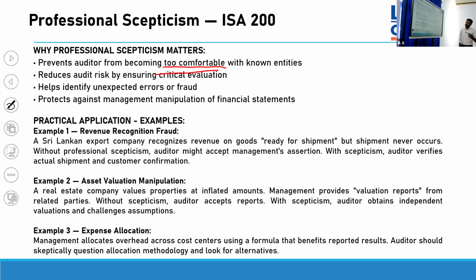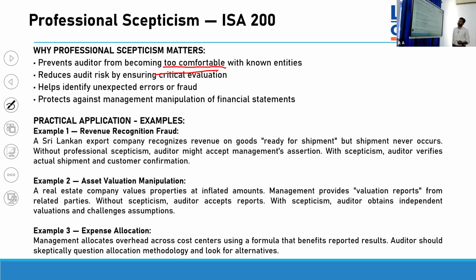If, as an auditor, we become too comfortable with the entities, then we won't evaluate the appropriateness and sufficiency of the evidence. It will impair our independence also. Therefore, it is important to maintain professional skepticism.